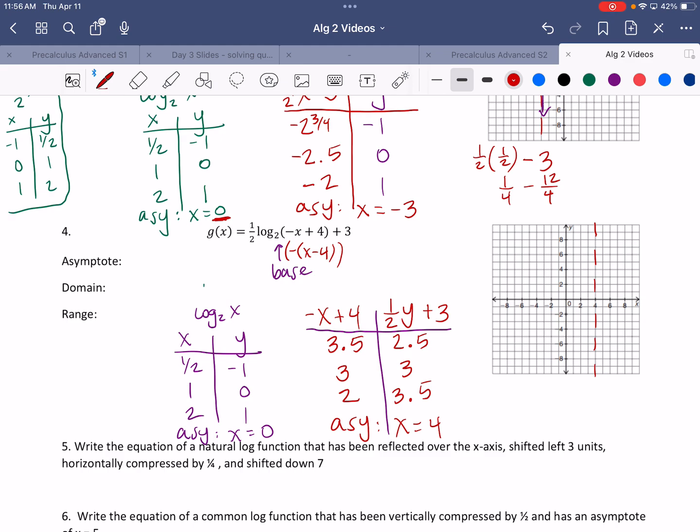Okay, so let's plot these points. 3.5, 2.5. Okay, I'm on the left side of the vertical asymptote. I wish this graph was a little bit bigger here.